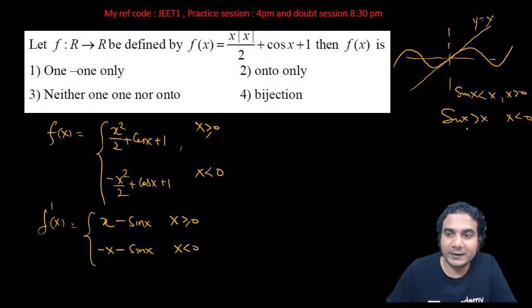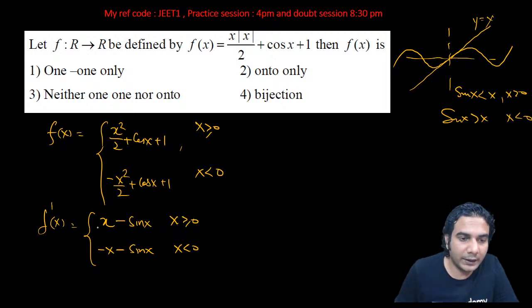Okay. So when x is negative, sin x is greater than x. So this quantity x minus sin x is certainly positive, right? This is positive.